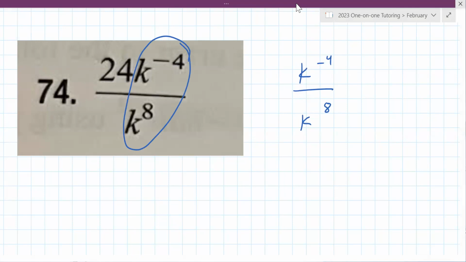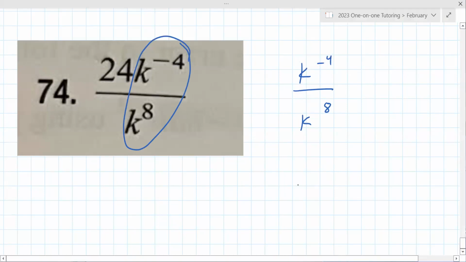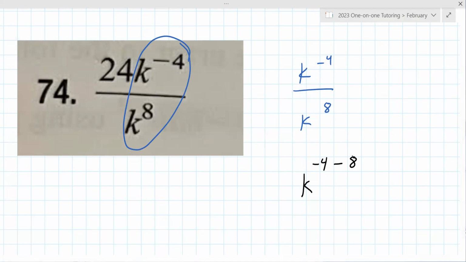So it's just like the last round. When the bases are the same, you subtract the exponents, but you have to write it a certain way. You have to write the top number minus the bottom number. Okay. So this becomes k to what power?